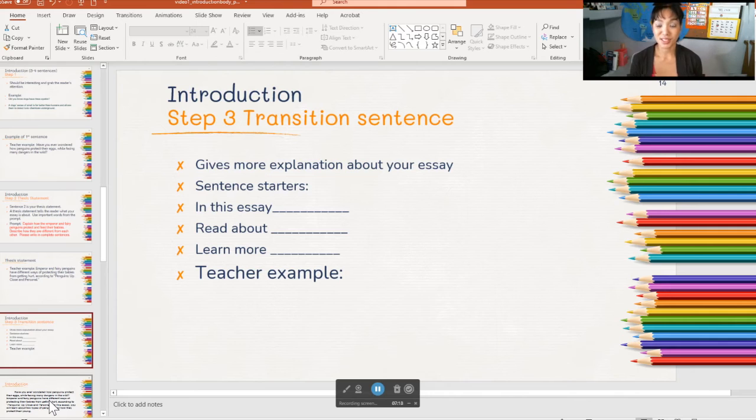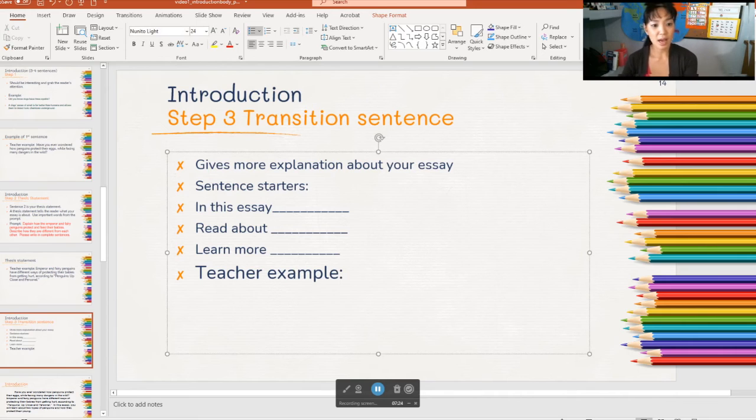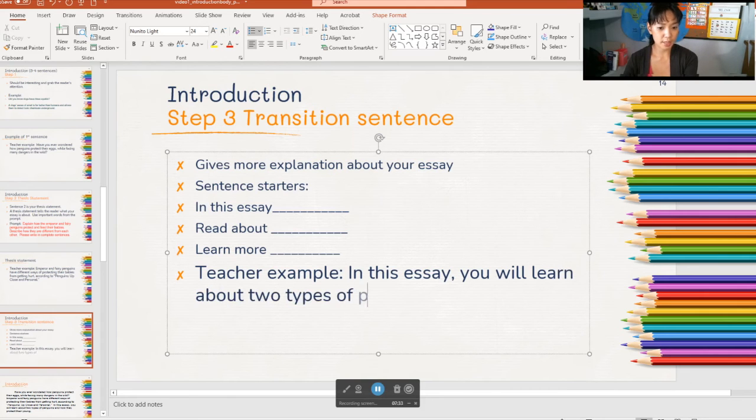So those are just examples. Here is an example of what I will write. In this essay, you will learn about 2 types of penguins and how they protect their young.